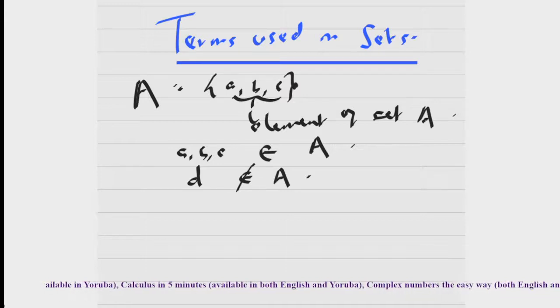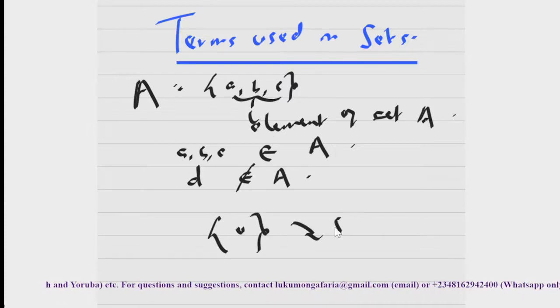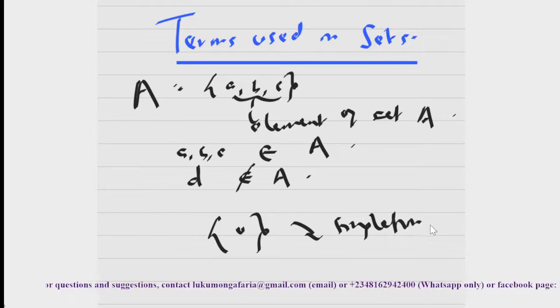And I gave you the difference between empty and singleton set. I said an empty set is a set with no element, not zero element. If you say zero element, then you are referring to something of this nature, which is what we now know as a singleton set. I described subset as well as power set.